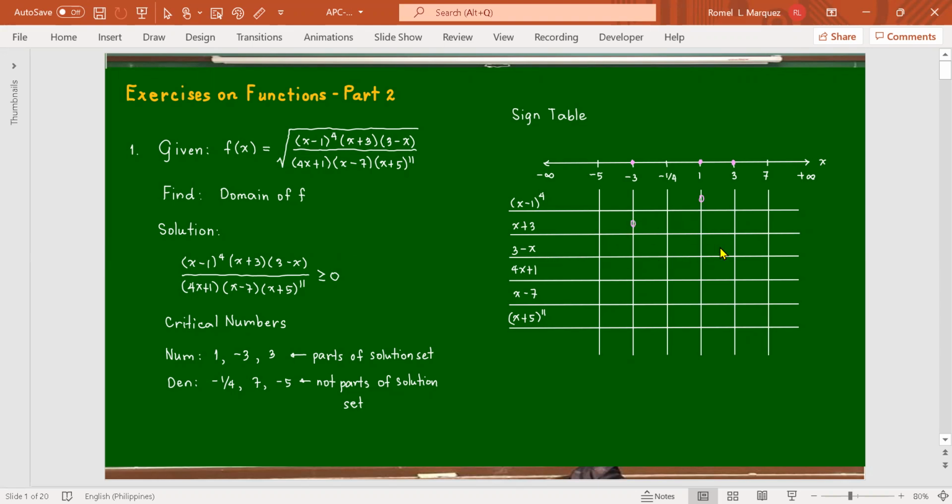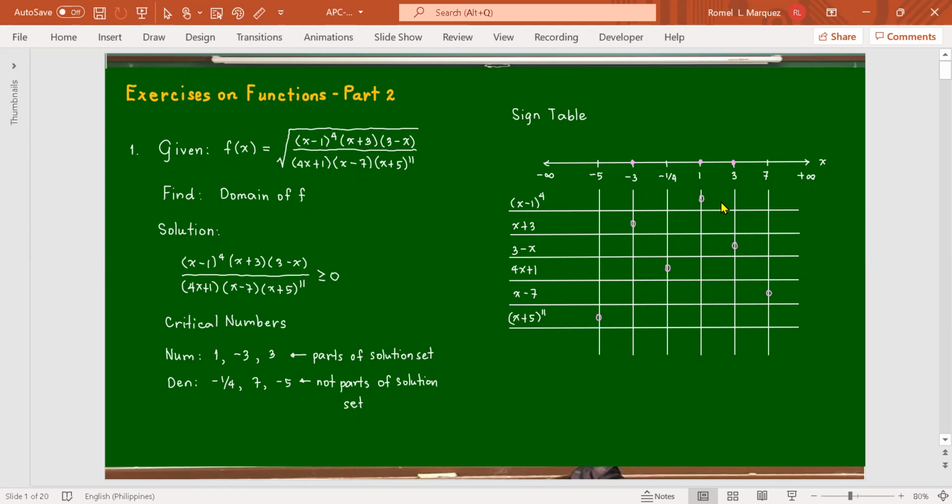What about 3 − x? When x is 3. x + 1 when x is −1/4, x − 7 when x is 7, and (x + 5)^11 when x is −5. Now, let's have the signs of each expression in every interval.